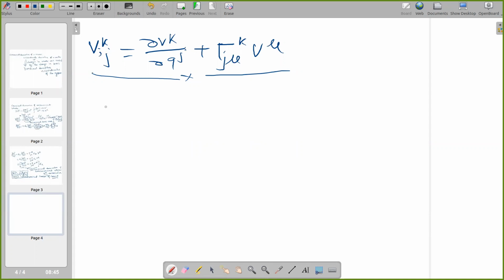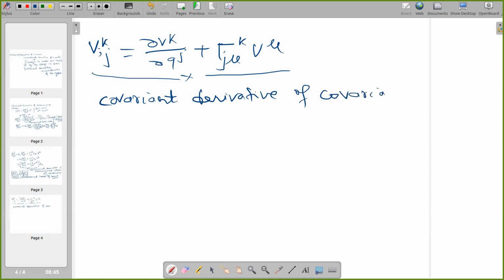Now let's go to another title, that is the covariant derivative of a covariant vector. To discuss this topic, we start from the transformation relation of the component of a covariant vector.